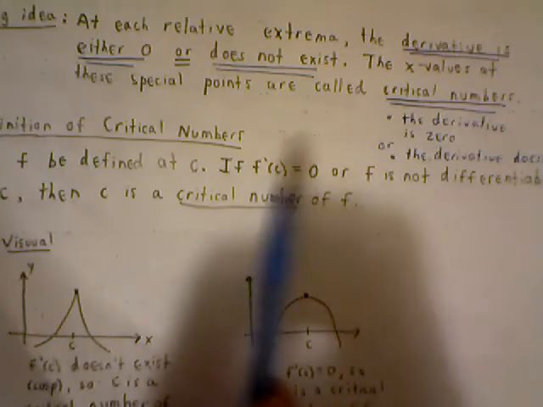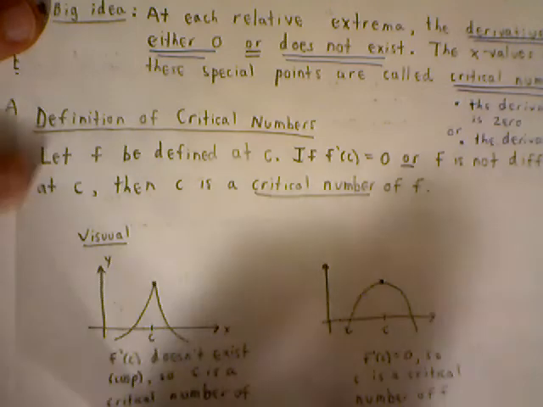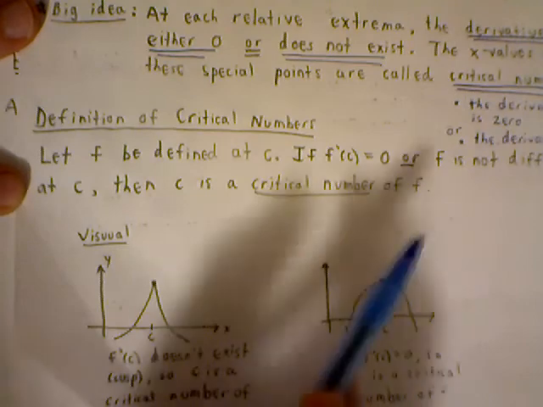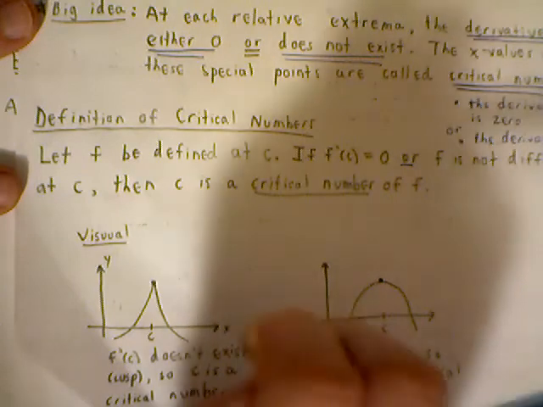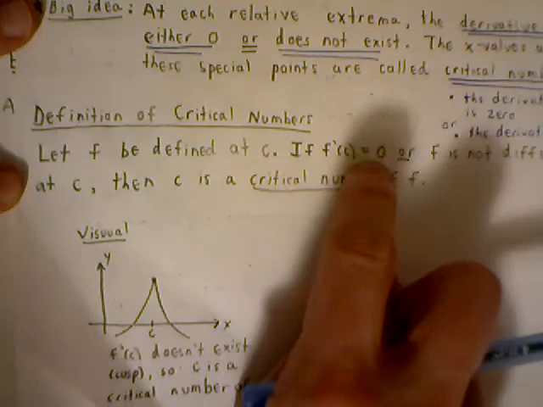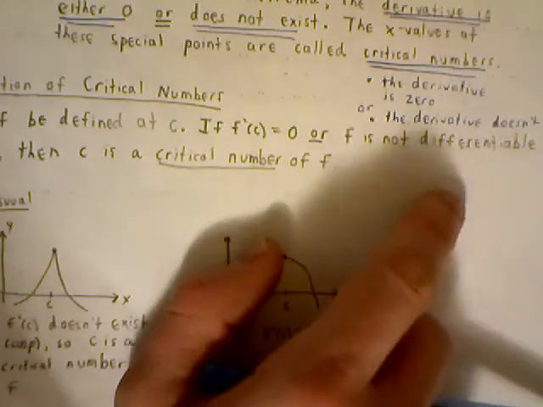If f prime of c is 0 or f is not differentiable at c, then c is a critical number of f. So critical numbers can be two things. Either the derivative is 0 or f is not differentiable at that value of c.